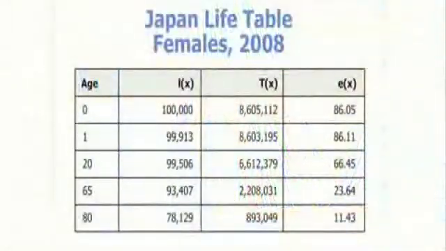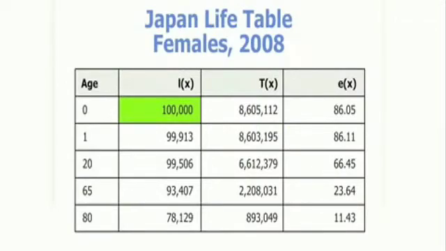Here we have a life table for Japanese females, and I'm going to do us all a favor and just pull out a few numbers. All life tables start out with 100,000 people. That's that number in the top left. It's a round number, and it's convenient to use.